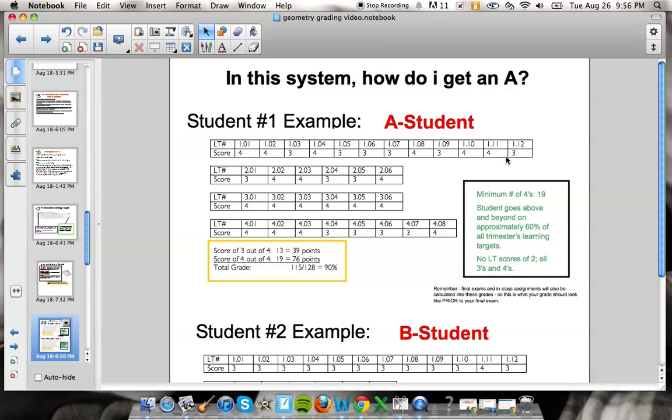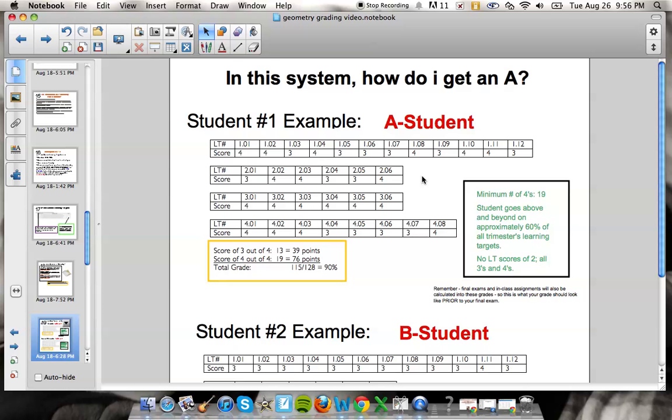So in the system, how do you get an A? For example, student number 1, let's say in this example, we have a total of 32 learning targets in this trimester.